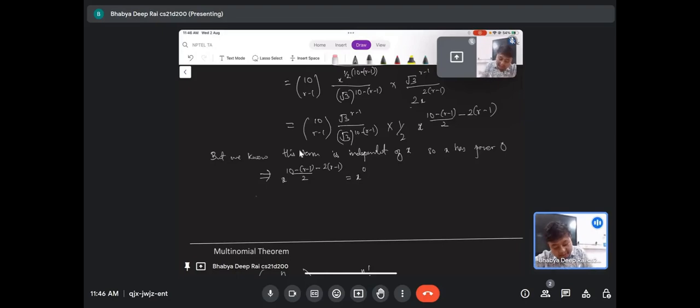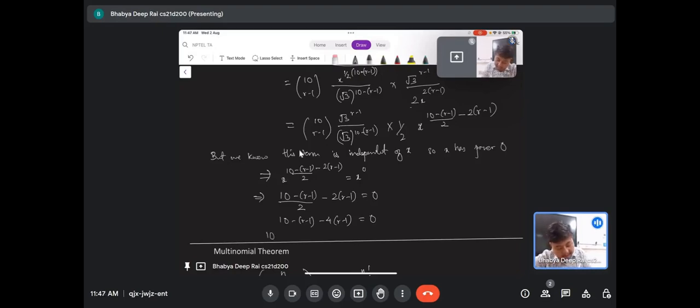So now let me equate these two powers together. So 10 minus r minus 1 whole divided by 2 minus 2 times r minus 1 equals 0. Okay, so let me take the LCM. 10 minus r minus 1 minus 4 times r minus 1 equals 0.